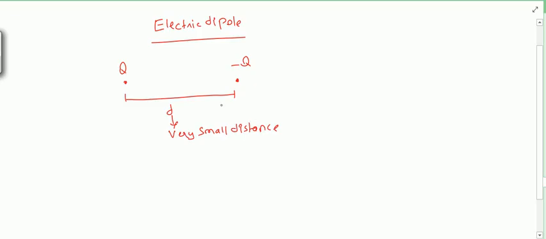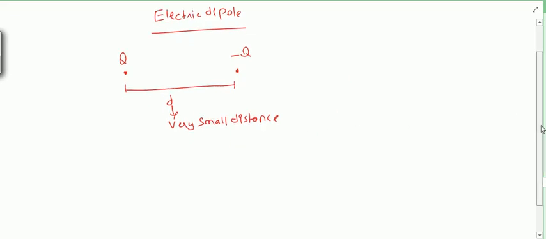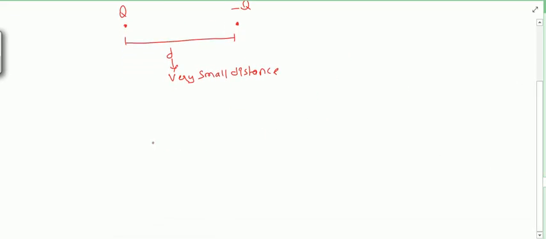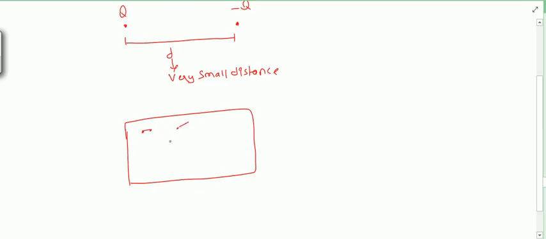And we will see later that due to this electric dipole, in dielectric materials polarization happens. In some materials, these dipoles are randomly oriented.